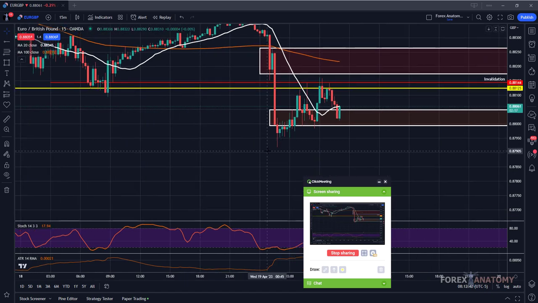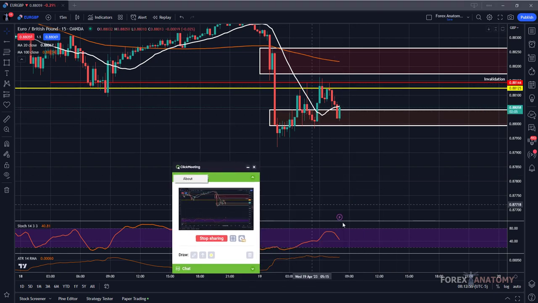This is all leg A. This correction right here is leg B, and now we're seeing the beginning of what could be leg C. So then we just need to see that leg C complete. Hopefully we'll see stochastics get to overbought, and then we can look for our opportunity to sell euro pound from there.